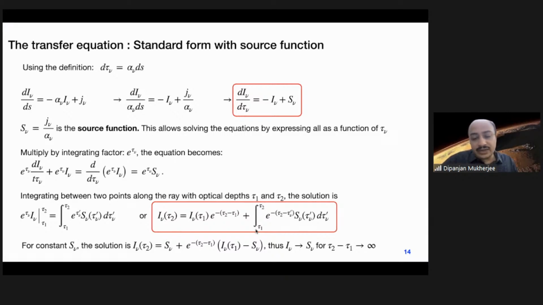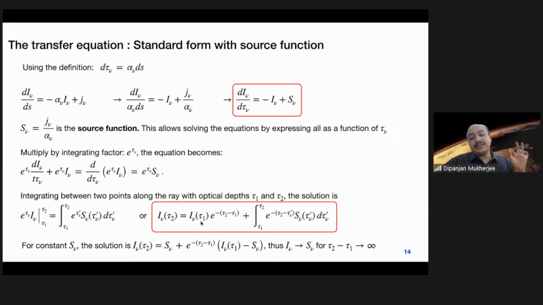First of all, forget the integral term at the end. Let's say we start from point 1 to point 2. The optical depth at point 1 is tau 1 and the optical depth at point 2 is tau 2. So you have the intensity entering point 1, which is I nu, and instead of S1, I call it tau 1 because I find the optical depth at that particular point.